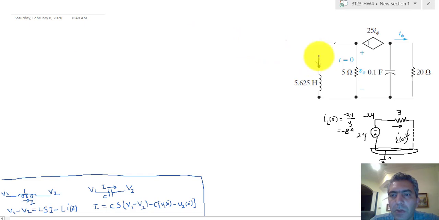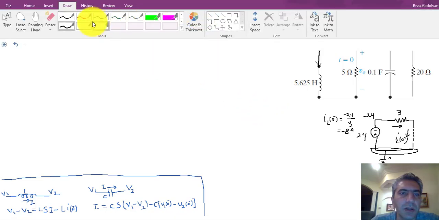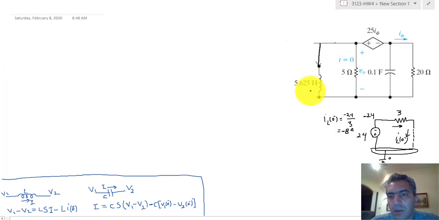From t equal to 0 and on, this is our circuit. Okay, so let's move on to starting our algorithm.